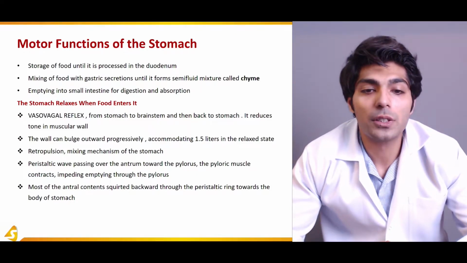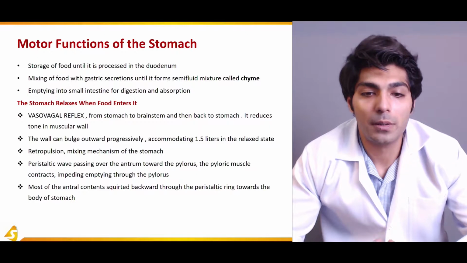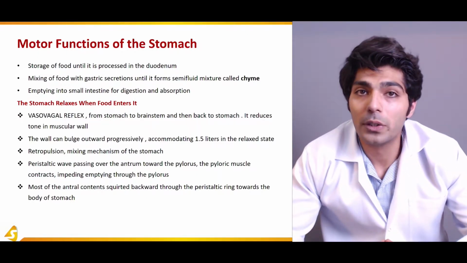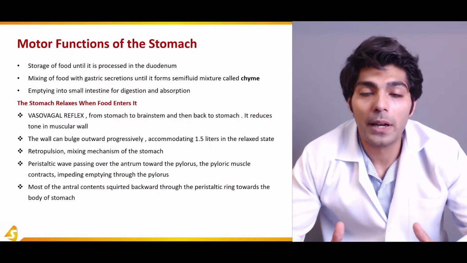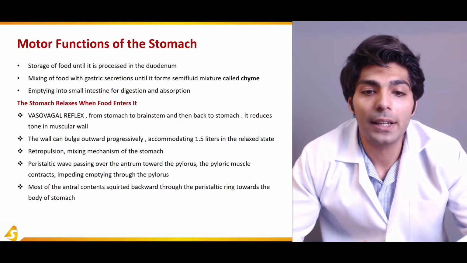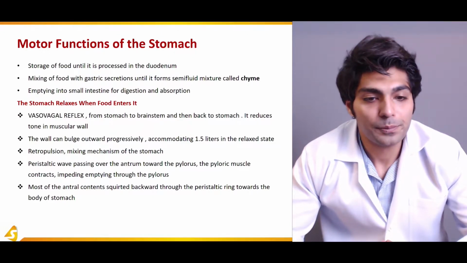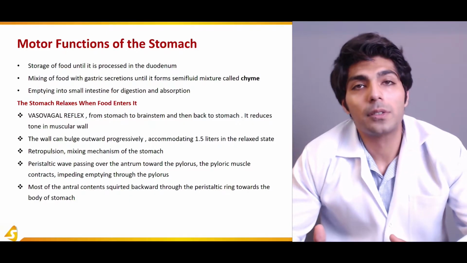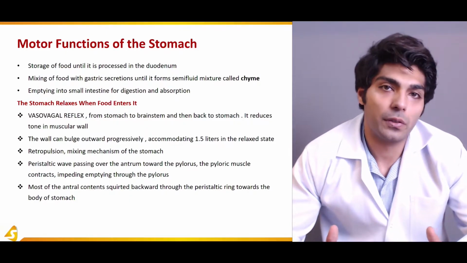The retropulsion mixing mechanism of the stomach: peristaltic waves are generated passing over the antrum toward the pylorus. The pyloric muscle contracts, impeding emptying through the pylorus. Most of the antral contents are squirted back towards the peristaltic ring, towards the body of the stomach.